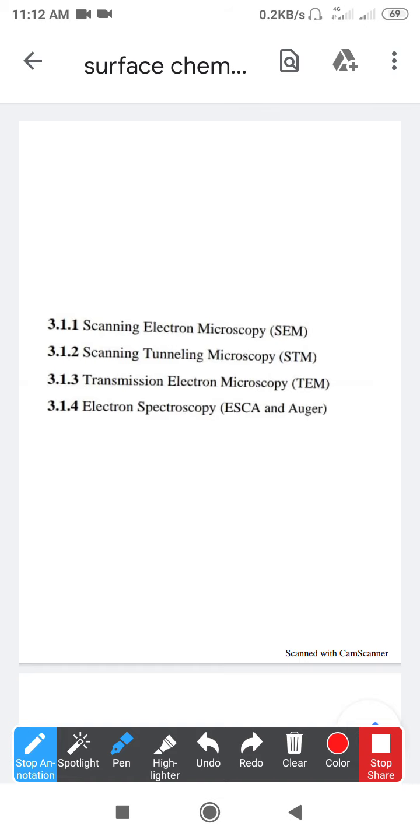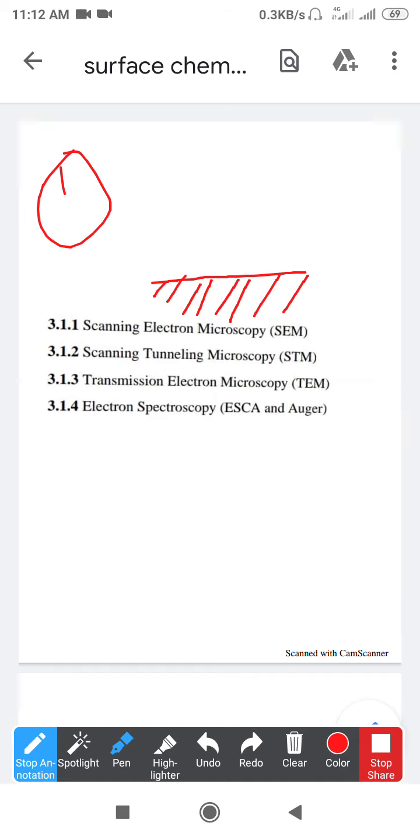In the first step, we have seen all these things in semester 2, we have already seen them. In the first method, suppose this is our surface.